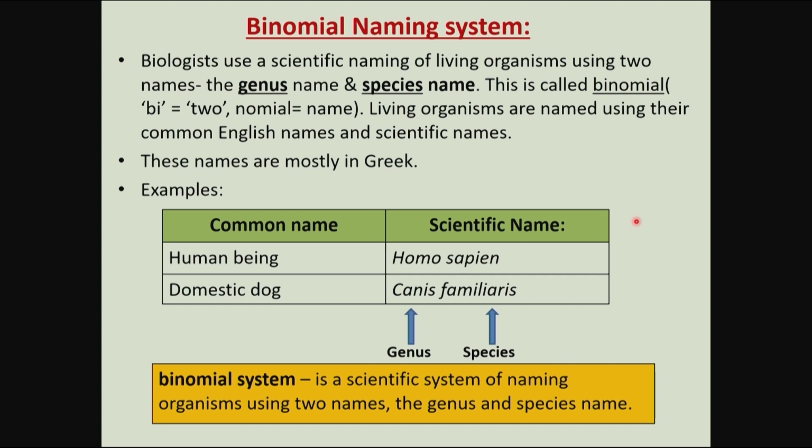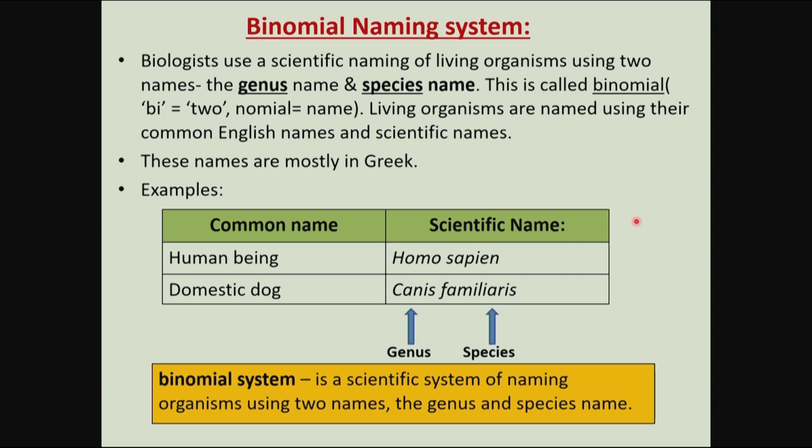Binomial naming system. Biologists use two names for the scientific naming of living organisms. We call this binomial nomenclature, or the binomial system of naming. Bi means two, nomial stands for names. These two names are the genus name and the species name.